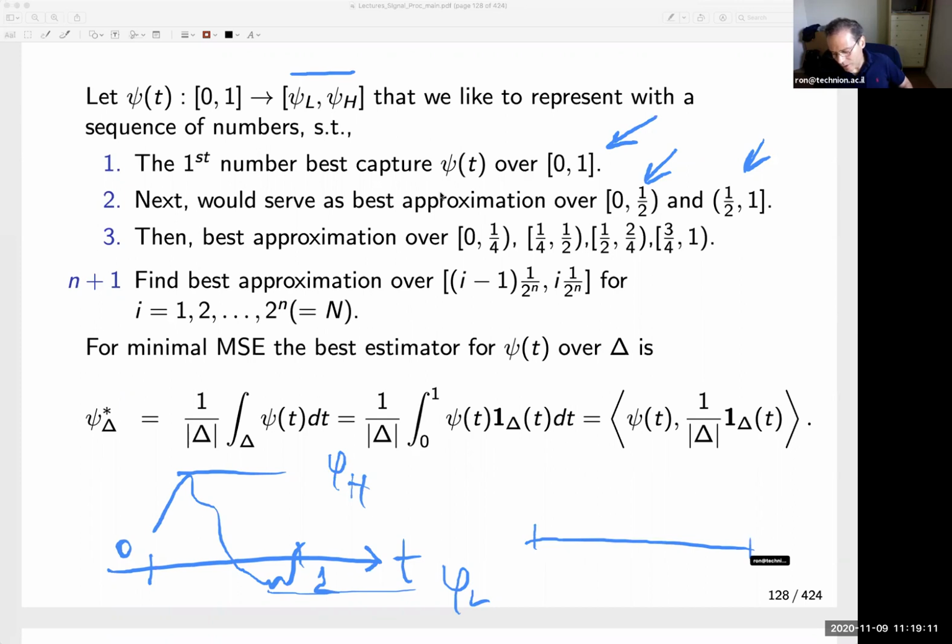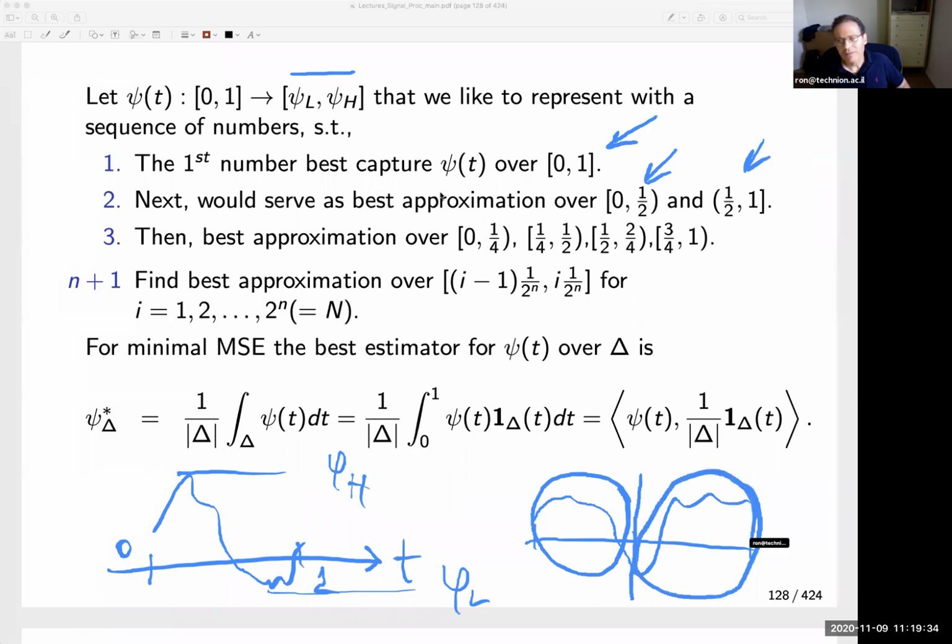I cannot order the set of numbers that represent my function. So what I would do is split my domain into two, assuming that the distribution of the function is random no matter how I do that. This is an arbitrary selection, and say that this part would be represented by one number, and that part by a different number. Okay, so again, having two numbers at hand, this is what I would like to happen.